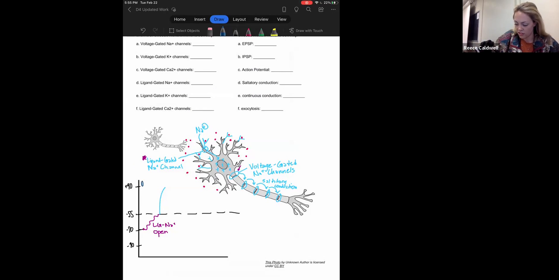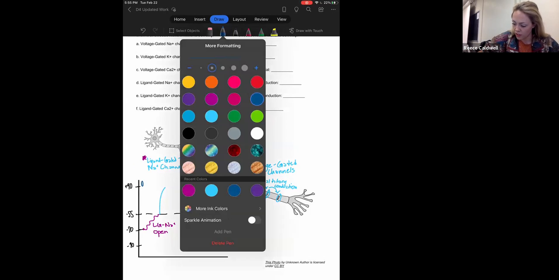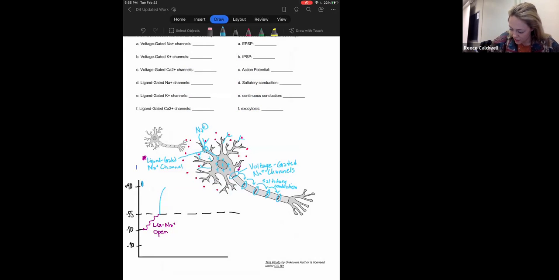So what we call this is depolarization. So depolarization, and again, that's caused by the voltage gated sodium channels opening, and the cell increases positivity.